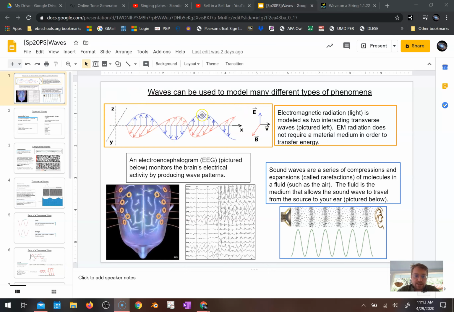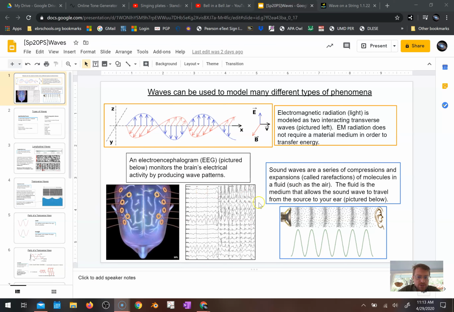And this is a classic picture of a wave. You've got some up and down motion of a line, where you have peaks, or what we call crests, at the top, and troughs or valleys at the bottom. And the wave is something that's oscillating or moving back and forth, while it also propagates or moves left to right in this picture through space.